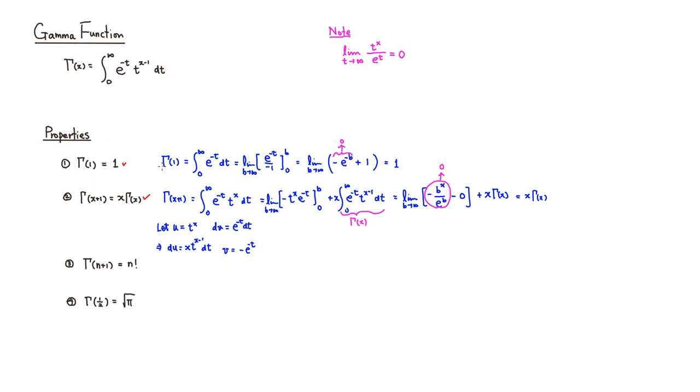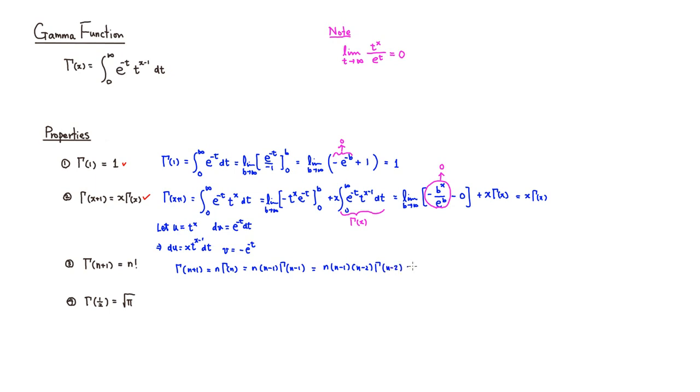By combining the first property and the second property, we can verify the third one. The gamma of n plus 1, by the second property, is n times gamma of n. But gamma of n is n minus 1 times gamma of n minus 1, and gamma of n minus 1 is n minus 2 times gamma of n minus 2.